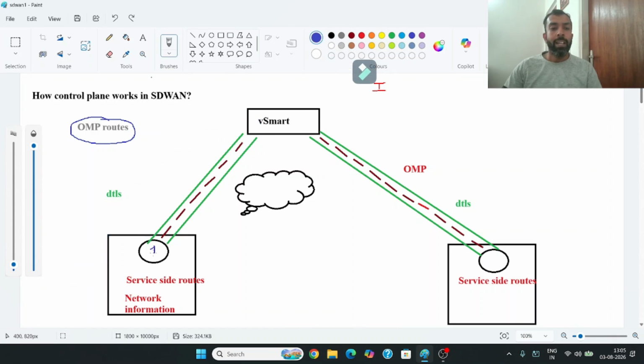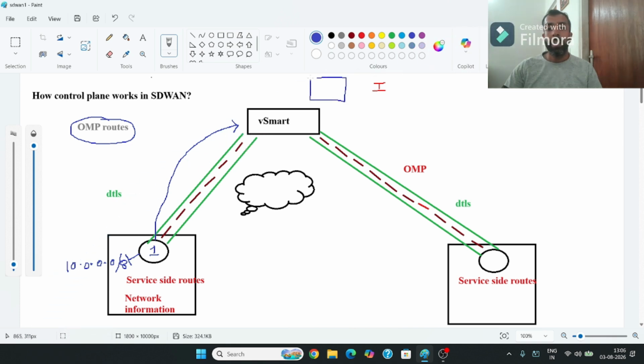Let's take one example. This router 1 has a VPN 10 and the network information is 10.0.0.0. Now what will happen? This subnet will be provided to the vSmart controller by the router. The vSmart controller will add this information in its routing table.